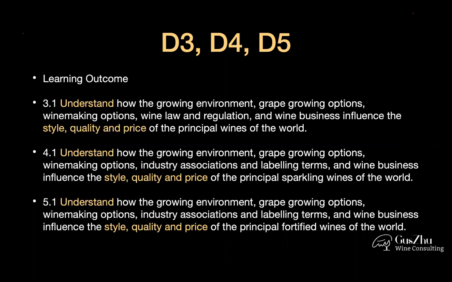Okay? Because in D3, D4, D5, if you look at most learning outcomes, they say, understand how the growing environment, growing options, winemaking, wine law, regulation, business influence the style, quality, and price of the wines. Okay, I'm not reading through all of them, but if you just read them, it's all about understanding those factors and how they influence the style, quality, and prices of the wines.